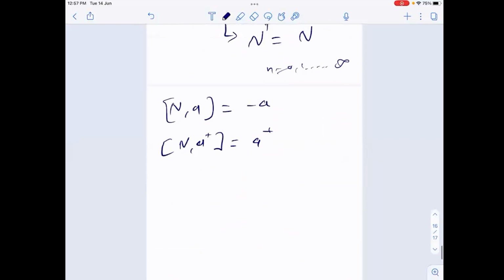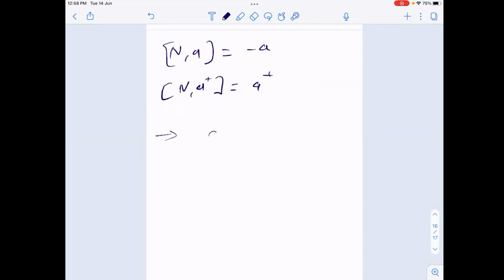Okay, fine. So what we are discussing: the next task is that we need to find the normalized eigenvectors. Let's say phi n is our state vector. N operated on phi n, because it's a Hermitian operator, is a number operator.